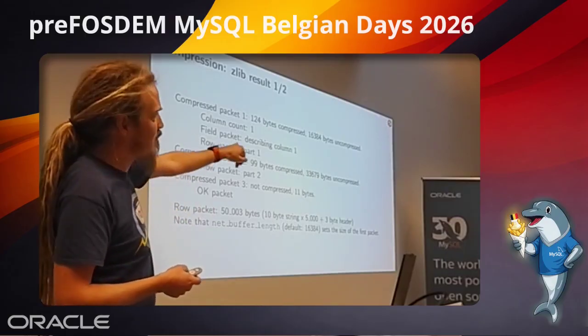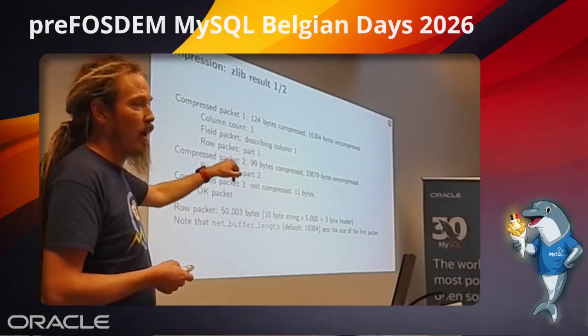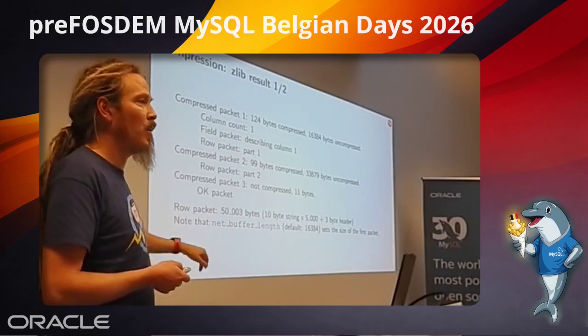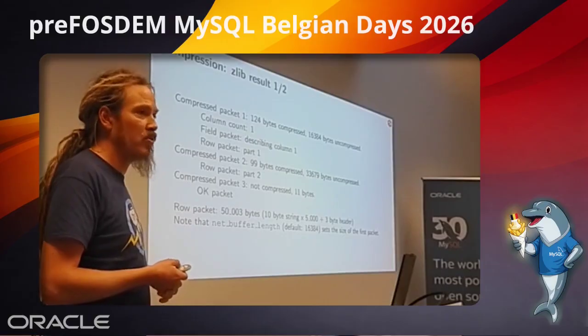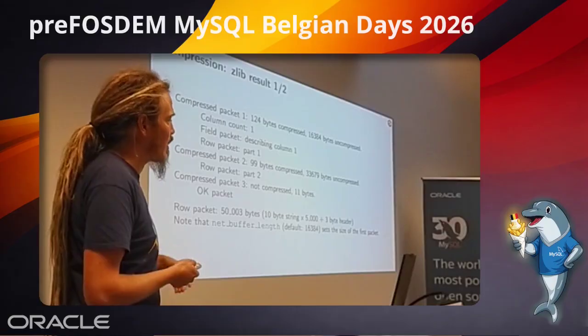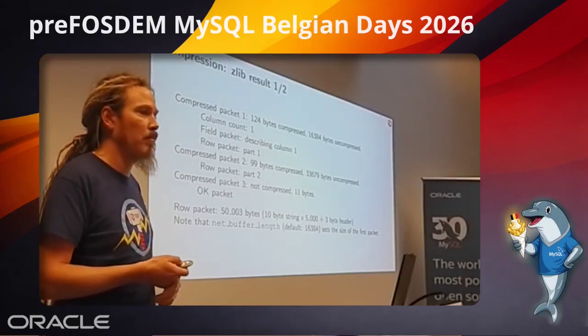The second compressed packet has the second part of the row packet and is 33K or 34K. And then the last packet is just 11 bytes and it's not compressed. And it's just the OK packet.